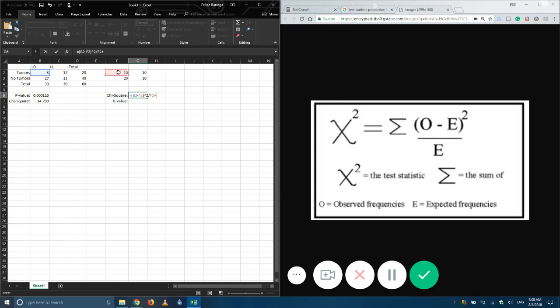So I'm going to add that to the next one. Square that, divide it by its expected value, and I'll just keep doing this over and over again for each one until I got all of them done.